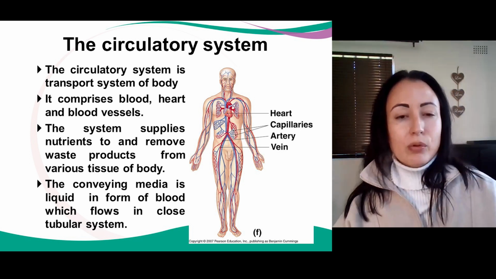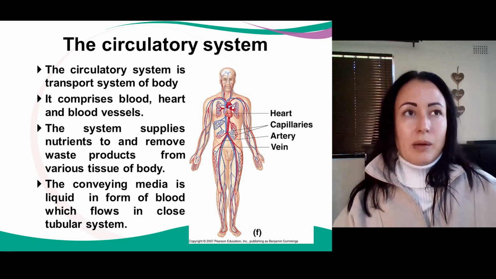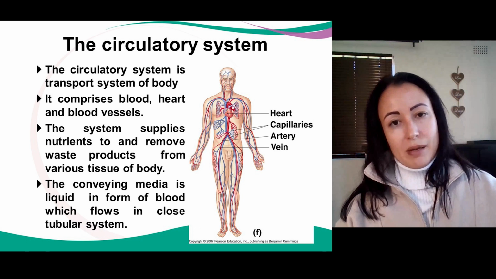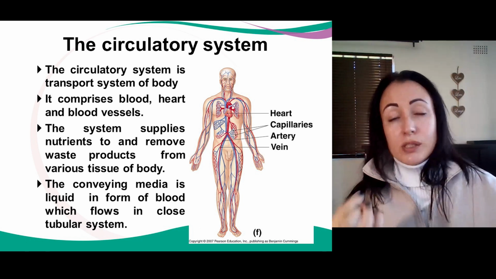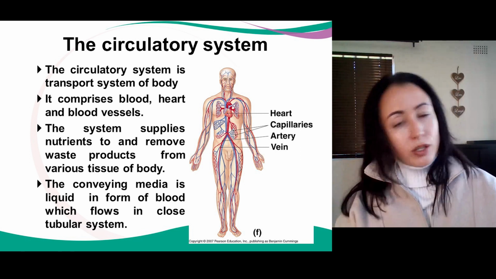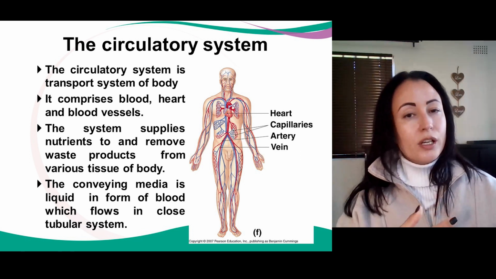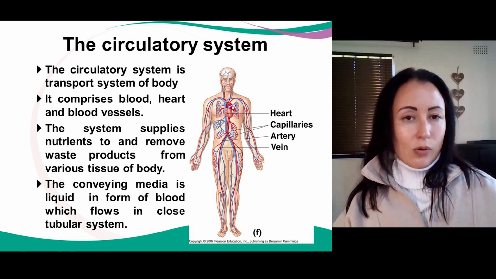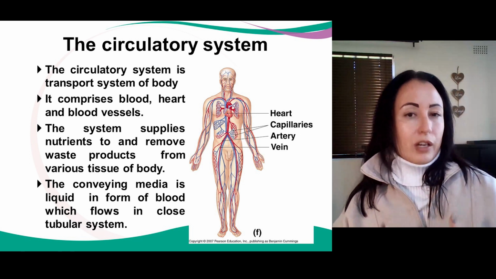Now, a very, very important reason why blood is moved around our body is because it contains nutrients. More specifically, blood contains oxygen, and we need oxygen right through our body in all our organs in order for them to function.